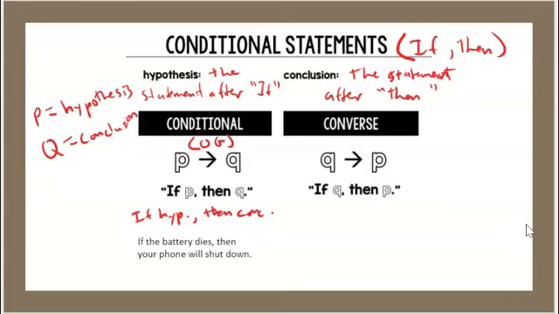If we go over to the converse, we're just switching the conditional. We're saying, writing this at the bottom here, if the conclusion happens, then the hypothesis will happen. So we're swapping them. Hard language to make sense of.